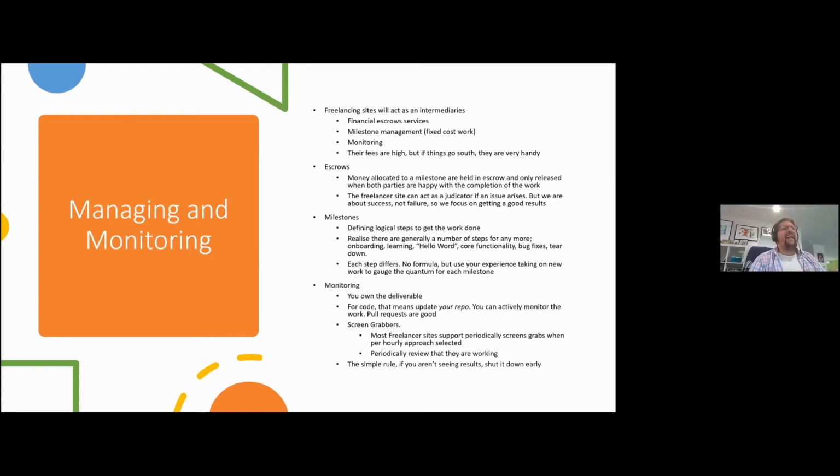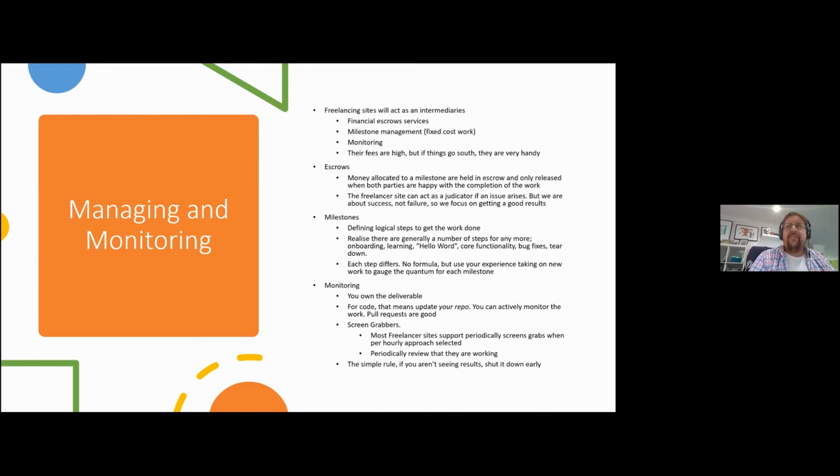They allow a level of management associated with that. They'll also have milestone management as well, in other words, the different steps within the work, and I'll talk more about that. They also provide monitoring tools, and I'll talk about some of the screen-grabby tools that they provide. It's actually quite nice and sophisticated.